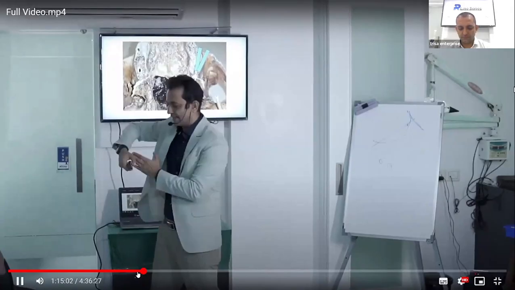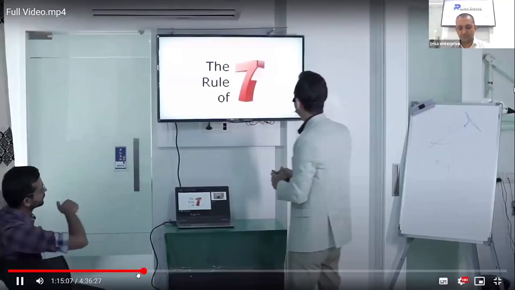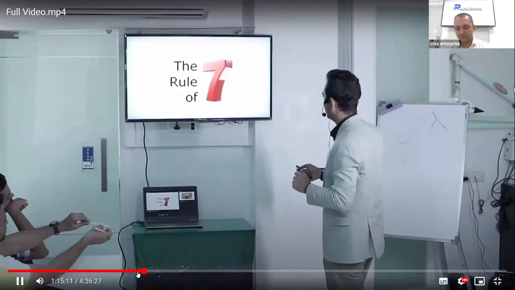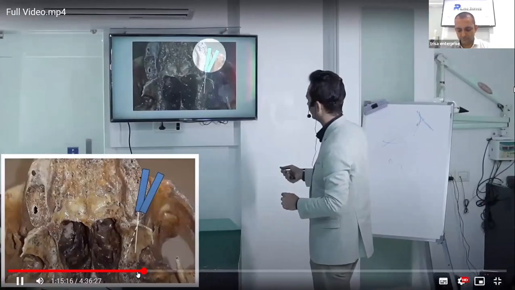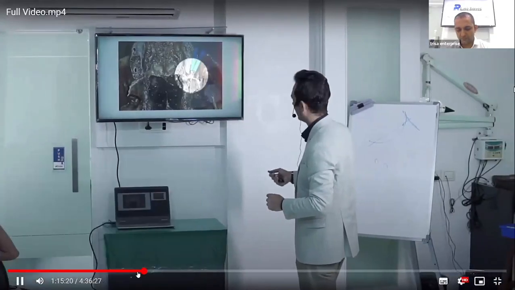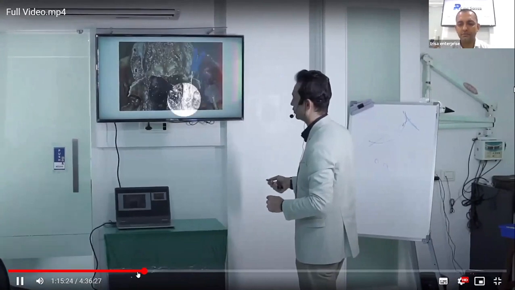See, this is 90 degree, almost 60 degree. You come out halfway and take your hand almost 40 to 60 degree and go this way, because the idea was for medial pterygoid.